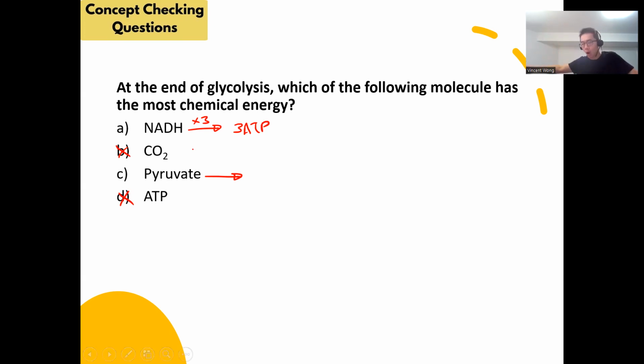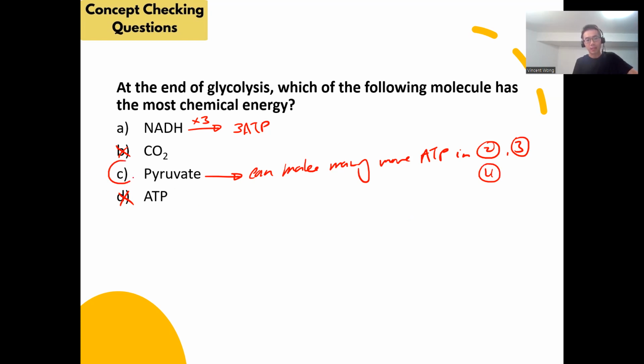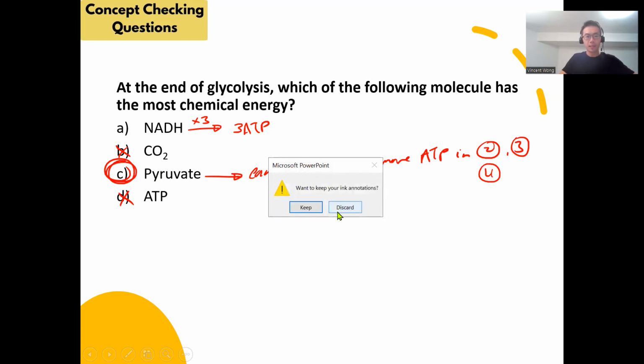As pyruvate goes on to step 2, step 3, you will be able to harness more energy from it, right? So this can make many more ATP in step 2, 3, and 4. So that's why this is the answer. The answer is C, okay?